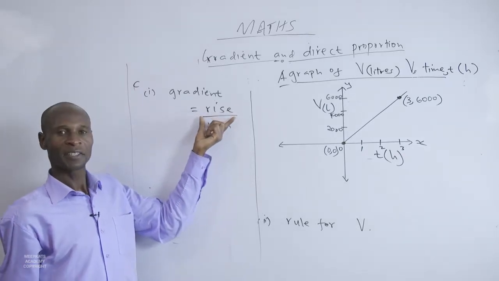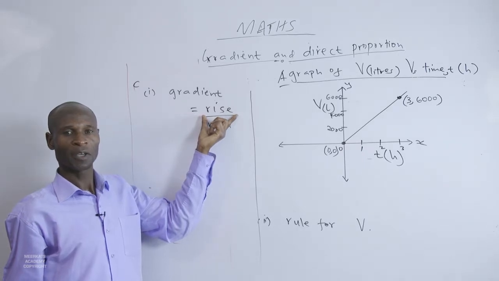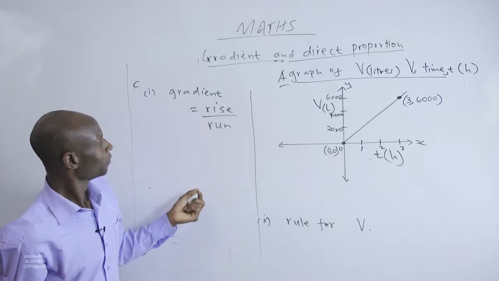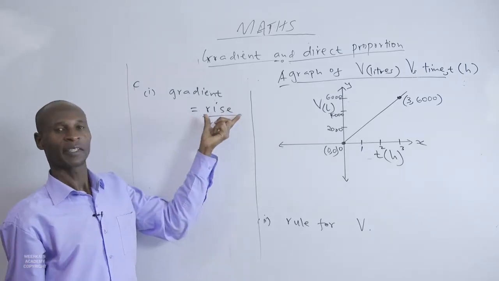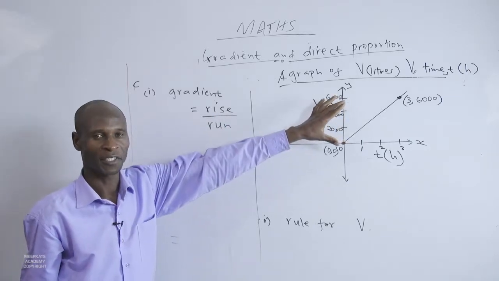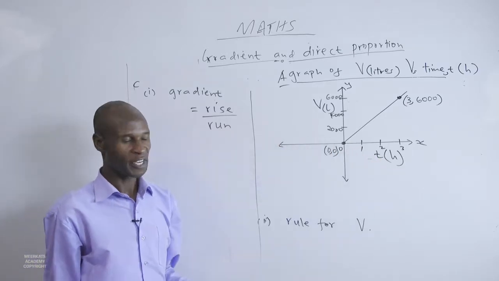Then the rise is the distance moved by the points vertically. In other words, the rise is the change in the y coordinates, and the run is the change in the x coordinates.